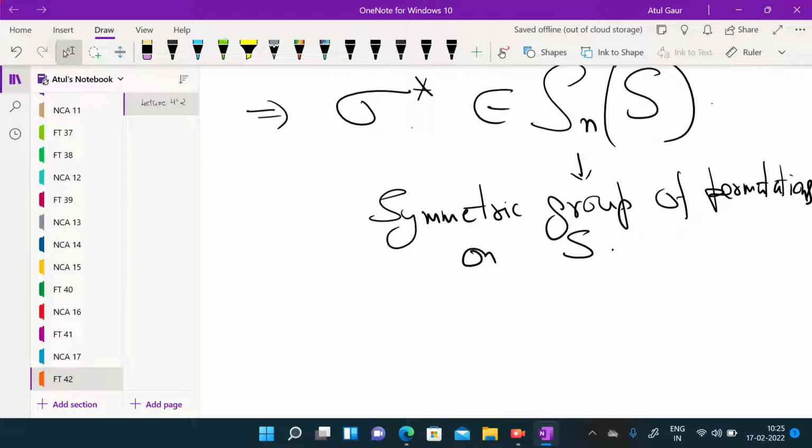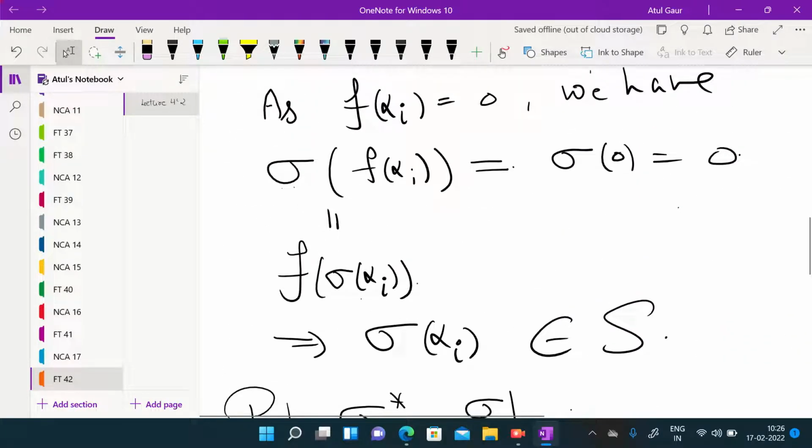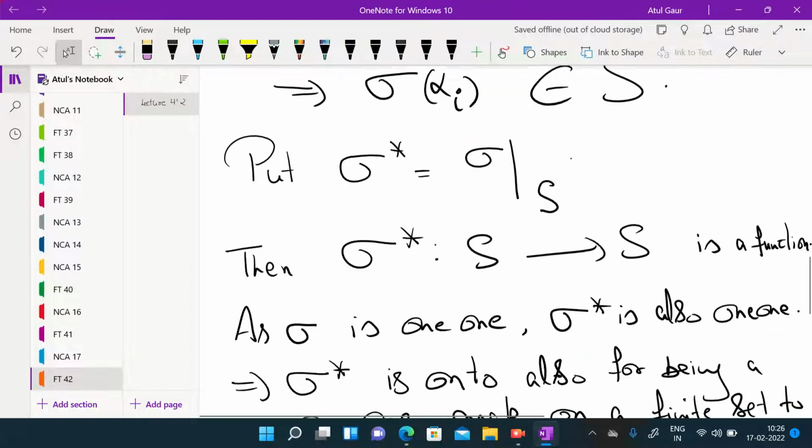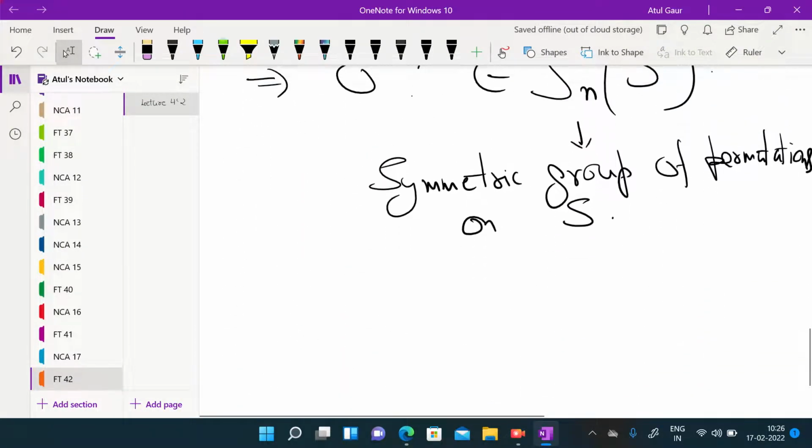Yes, sir. So now let me pose the question in the reverse. So basically what we have done, we started with a K-automorphism on E. Because E is a Galois extension, right? So that's fine. So we started with a K-automorphism on E, and then we have obtained a permutation on the root set. Is that fine?